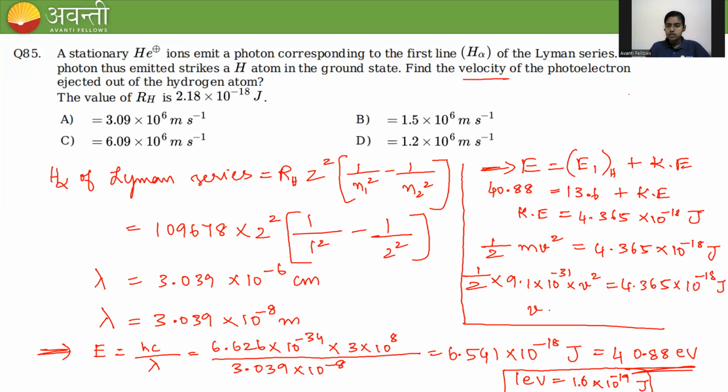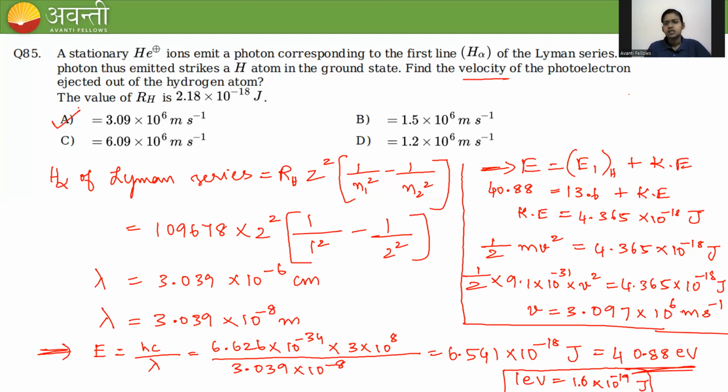So from this, v is equal to 3.097... Okay, so, sorry, it is not 10 power minus 18, it is velocity, right? So the answer will come out to be 10 power 6 meter per second. Okay. So the answer is option A.